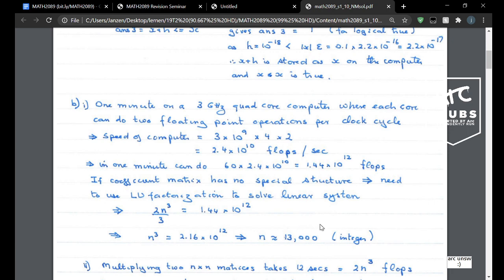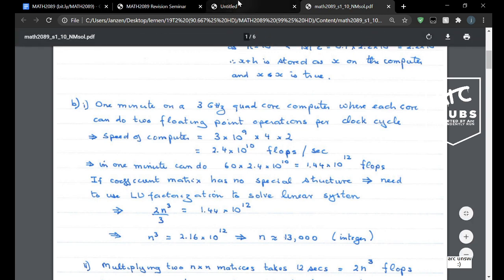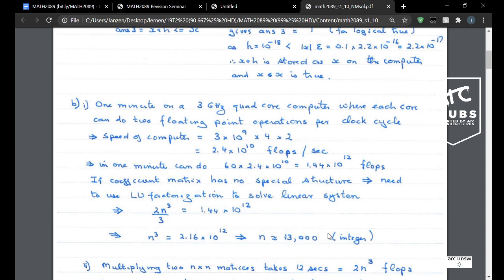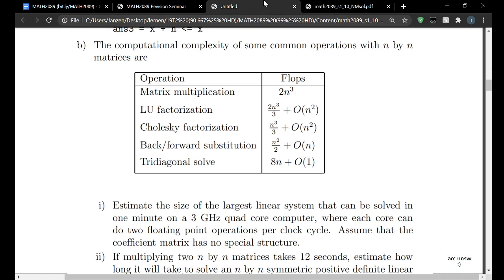We do have to round this value to make it an integer. But because some people can interpret gigahertz as 2 to the power of 30 instead of 10 to the power of 9, the exact value of n doesn't matter too much. It just has to be around the same as what the lecturers wrote down as the correct answer.